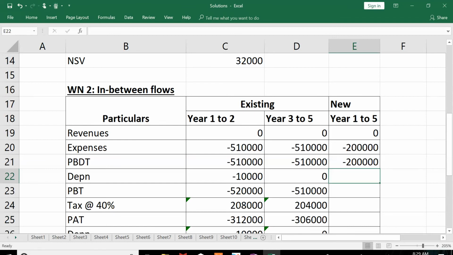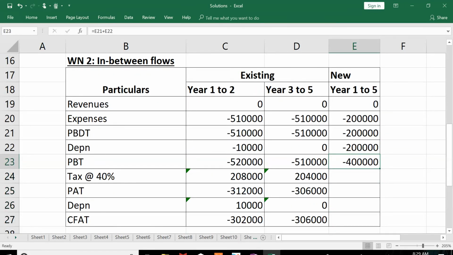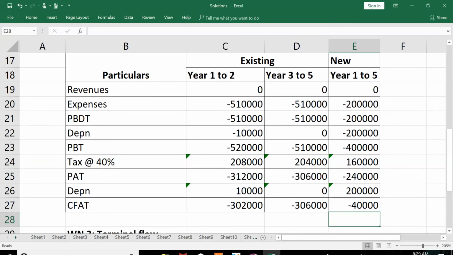What will be the depreciation? 10 lakhs divided by 5, 2 lakhs. PBT is 4 lakhs. CF80 is 40,000.